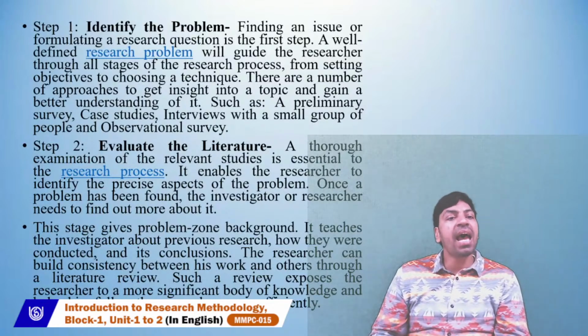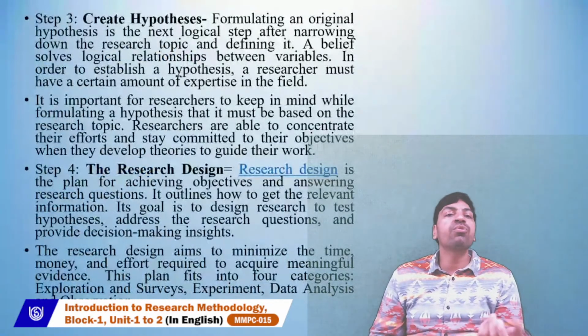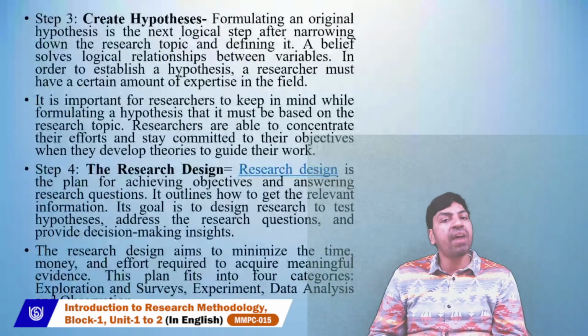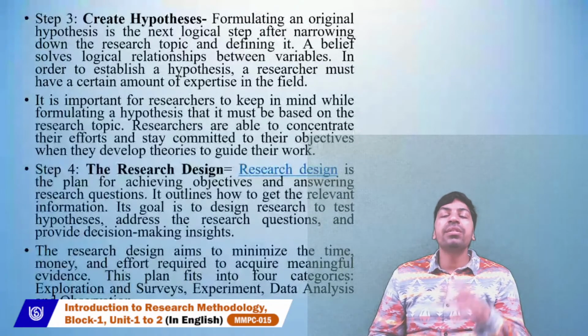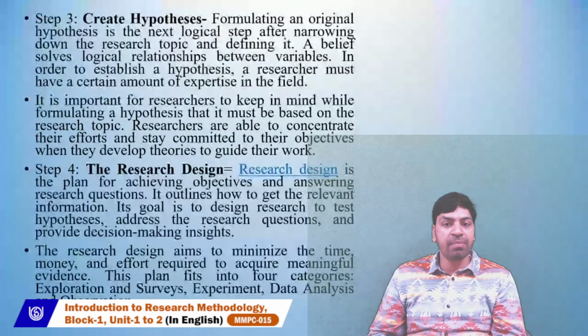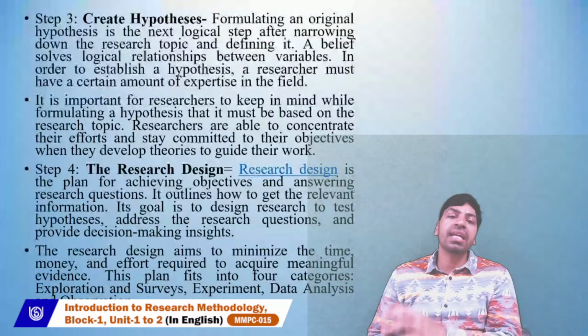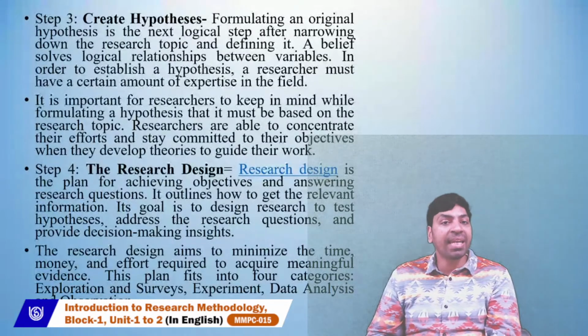Next one is create hypothesis. The third step is to formulate an original hypothesis, which portrays and defines a research topic. A hypothesis states a logical relationship between variables. For example, there is a significant association between age and education.